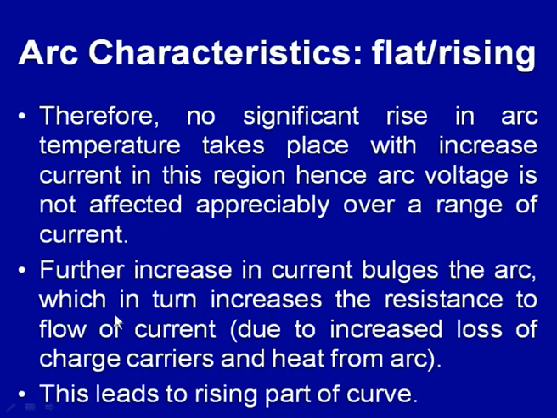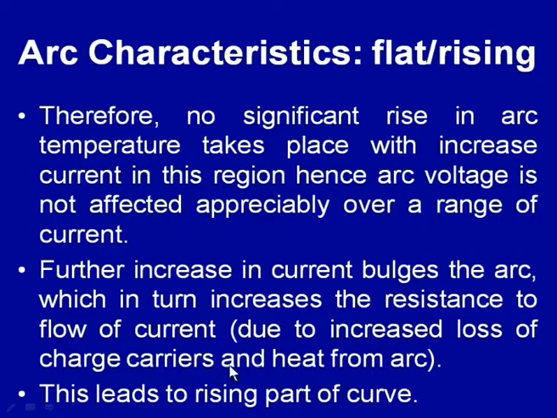Further increase in the current bulges the arc, which in turn increases the resistance to the flow of current due to the increased losses of charge carriers and heat from the arc surface, because the effective length through which the current will have to flow after bulging of the arc increases.